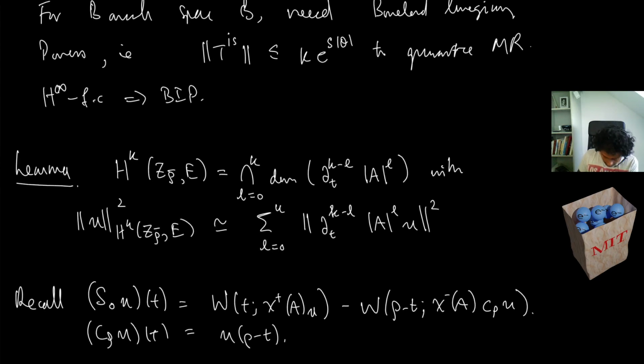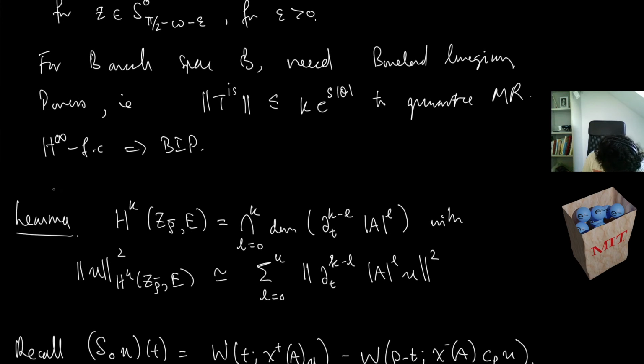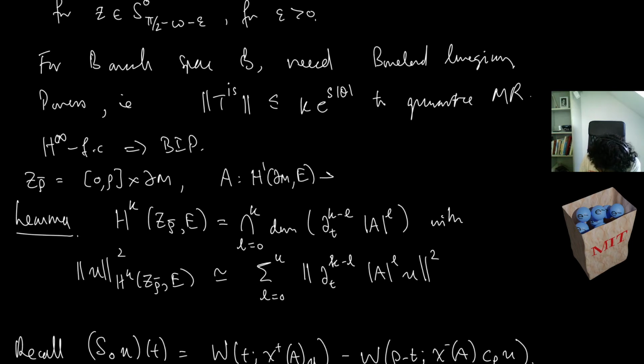So maybe I need to recall that Z rho bar is equal to 0 to rho closure times partial M, and A is an unbounded differential operator on partial M to L2 of partial M, right? So this is the domain of the operator.